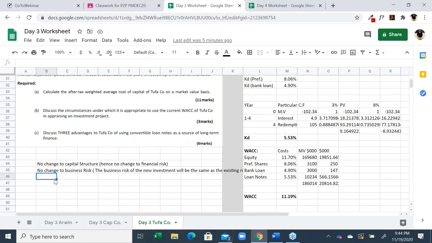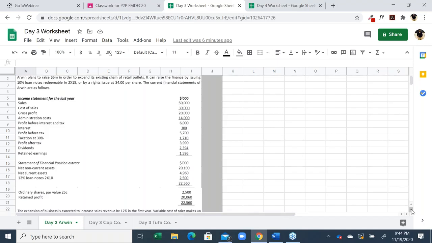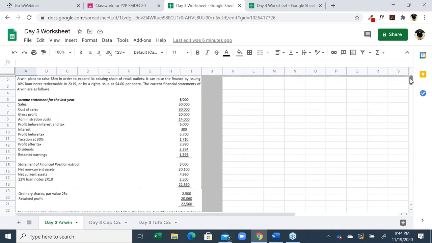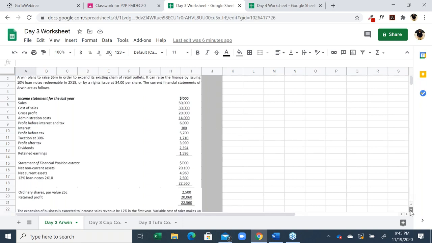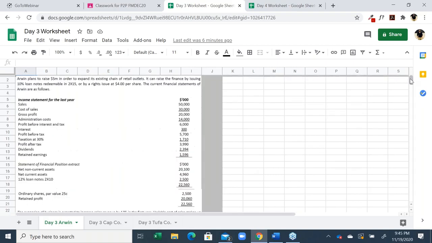So let's move forward now and go to our next question. I'm giving you some time to solve this question, though it's not highly technical, it's still a very good question. It says that the company wants to expand, and this expansion is going to increase the company's sales revenue. The company has two sources of finance.